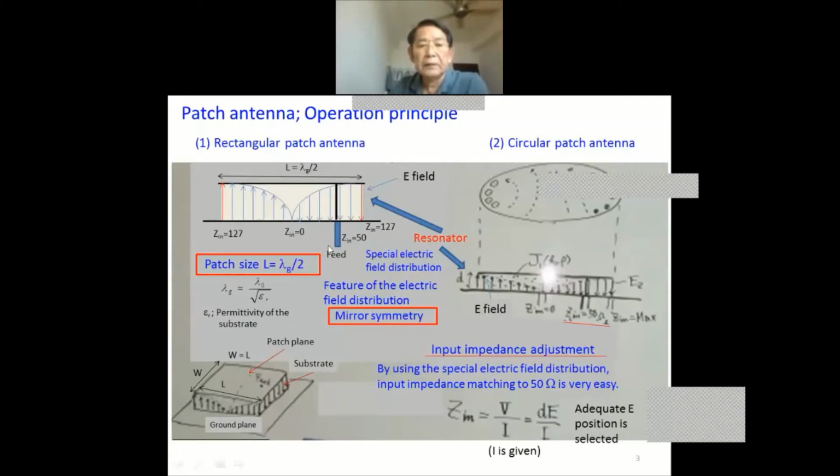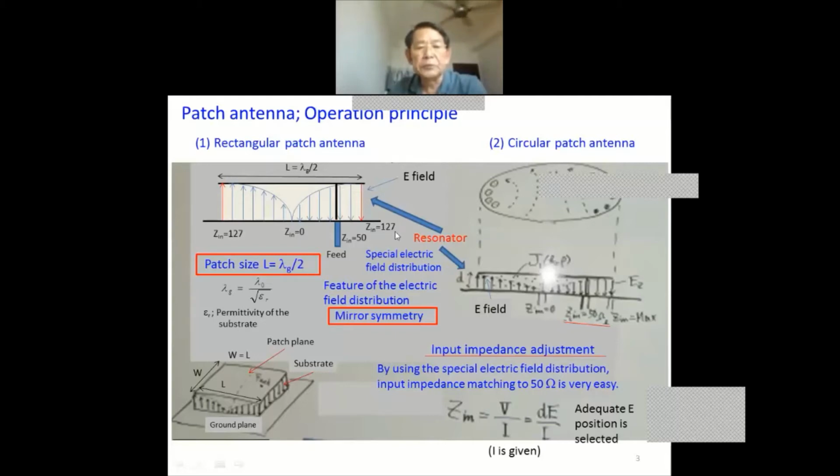Here, this is the feed cable. Usually for the feed cable, coaxial cable is used. This is the inner wire of the coaxial cable. The inner wire is attached to the patch plate, and here the feeding is given at this point.